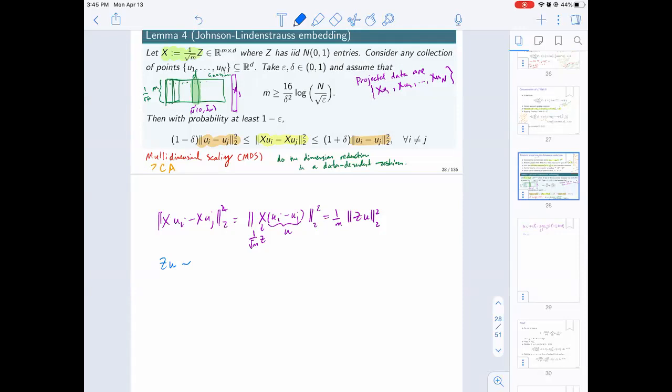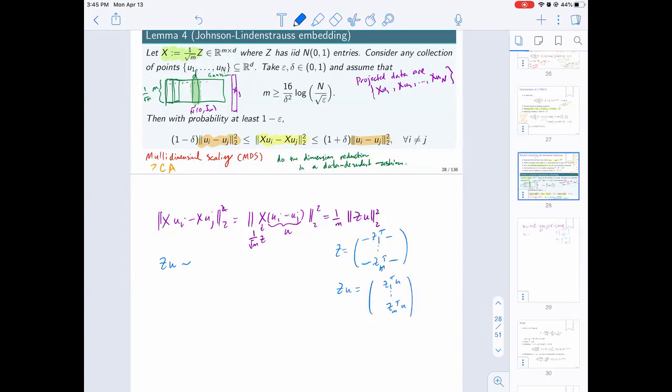Think of the rows of Z as z1 transpose up to zm transpose. Then Z times u would be z1 transpose u up to zm transpose u.